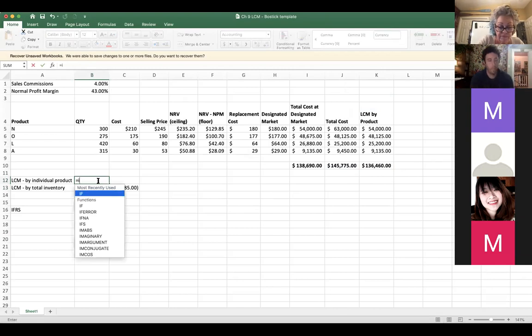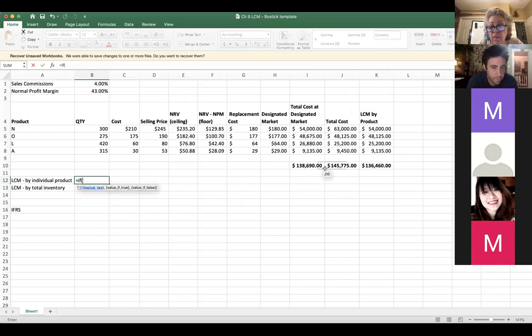So if my cost is less than, I forgot to put a comma, market, comma, then put cost. Otherwise, put my lower of cost or market.